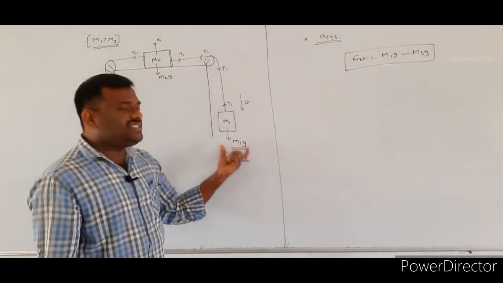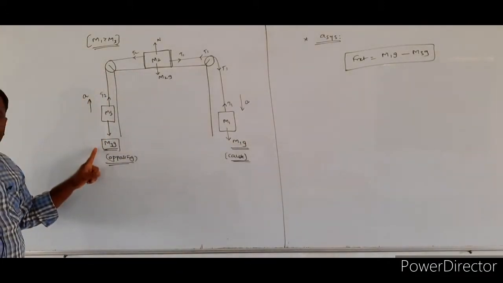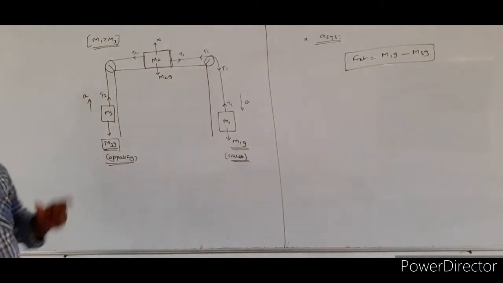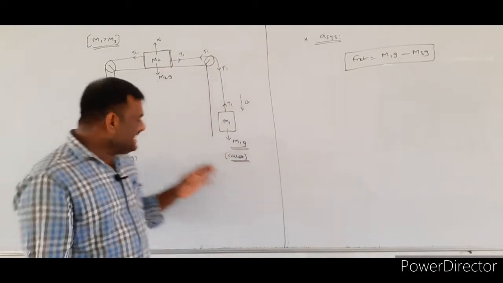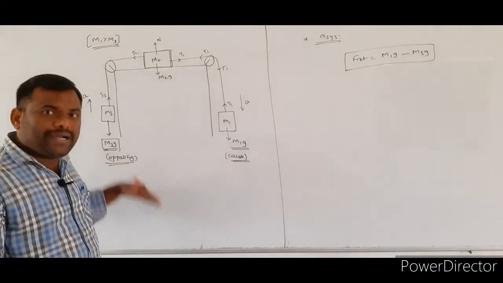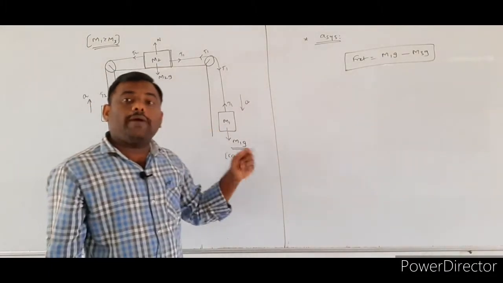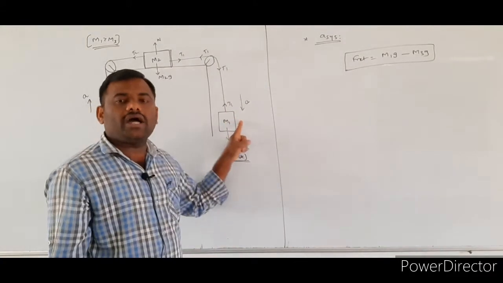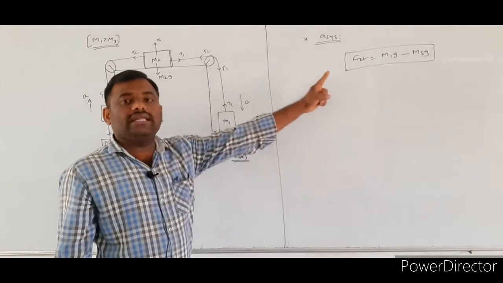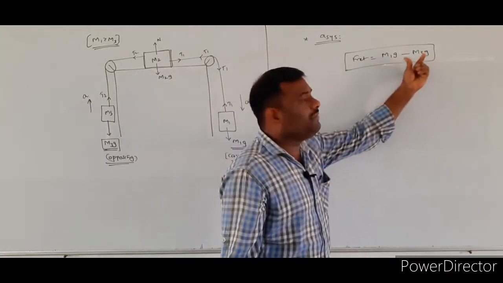Here M1G weight will be causing the motion and M3G weight will be opposing the motion. Why? M1's weight is more, so generally it moves in the downward direction. M3's weight is also in the downward direction, but it will be moving in the upward direction, so it moves opposite to the direction of the actual motion generated by the block M1. So the net force acting on the system is M1G minus M3G.